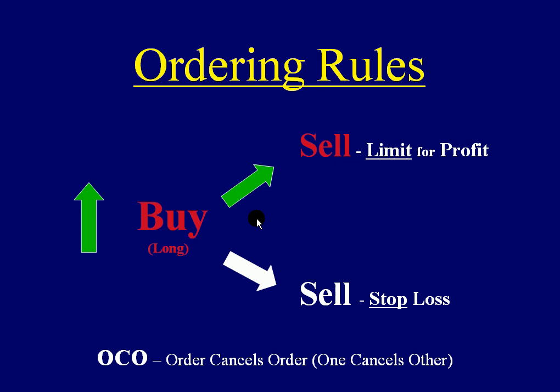What that means is that if you are live in the market and you're long, you have 2 sell orders, one a protective stop and one a limit for profit. Then if one of these orders gets hit, the other one automatically gets deleted from your software if it is labeled an OCO order.